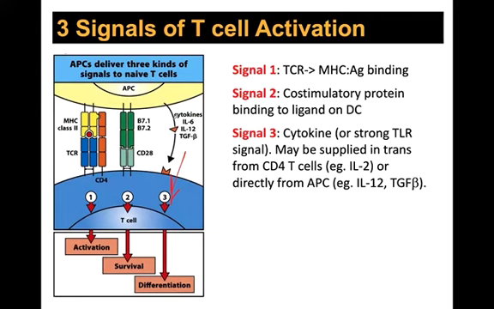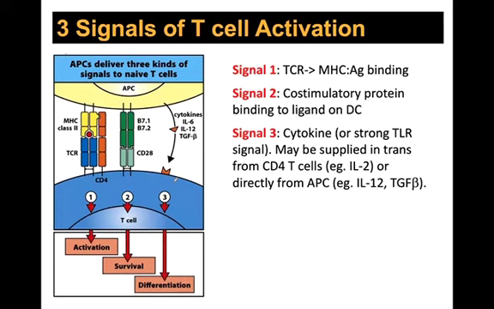But there's this other case that happens, and it's worth noting, because if you have strong enough Toll-like receptor signals to the T cell, it just says, go ahead, make a response anyways. Well, when would that happen? When would you get strong Toll-like receptor signals in the lymph node?